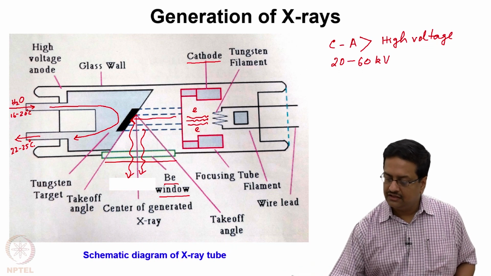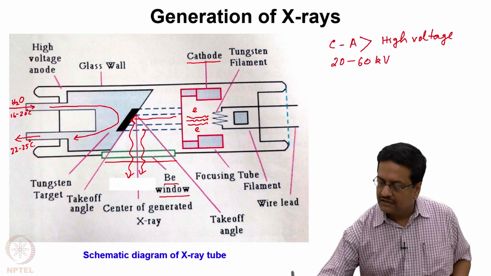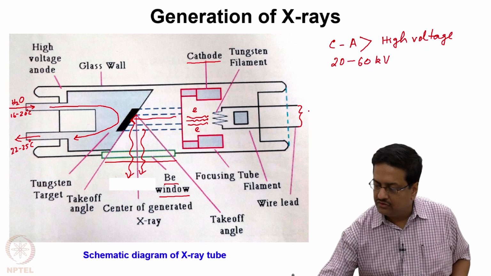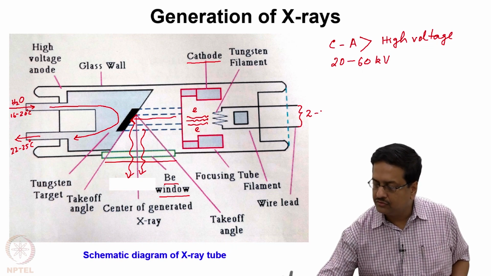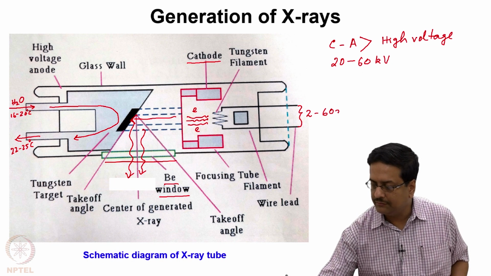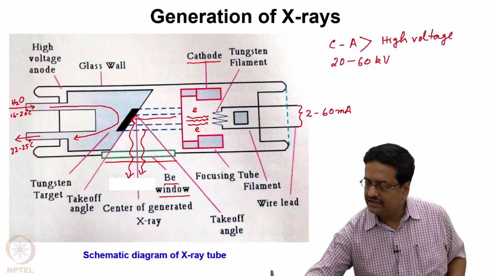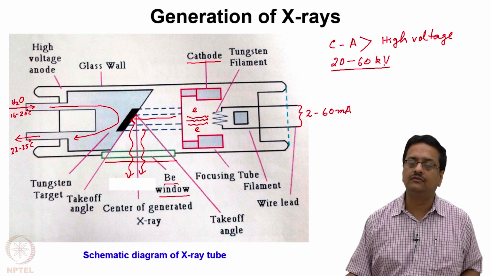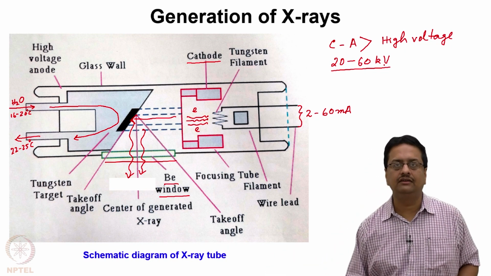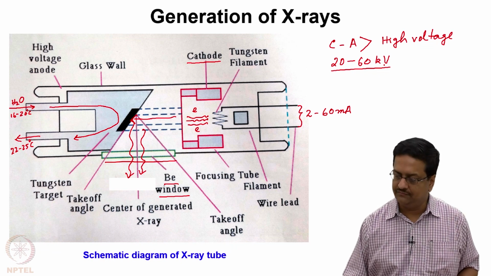So in this X-ray tube, on the filament, we apply current from about 2 to 60 milliamps, and as I indicated, the voltage is about 20 to 60 kilovolt depending on what kind of X-ray tube we are using.